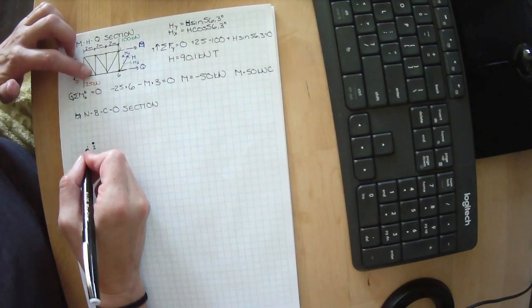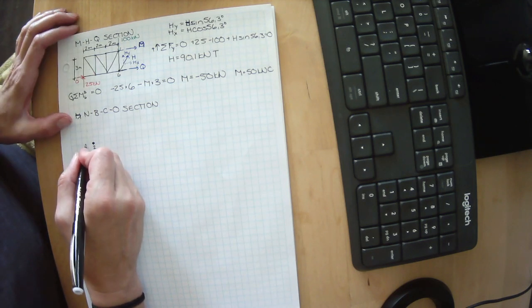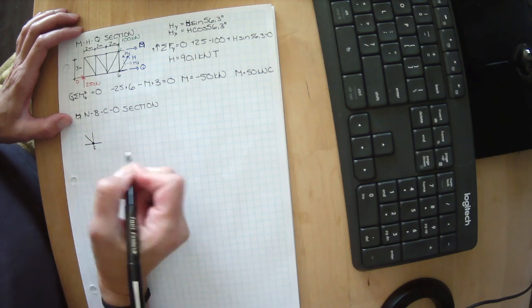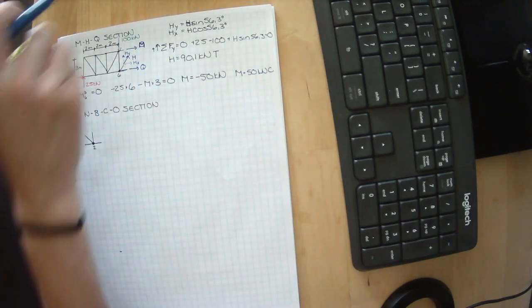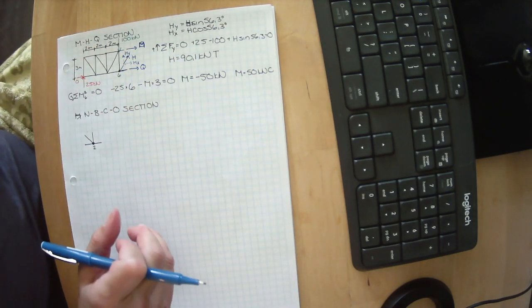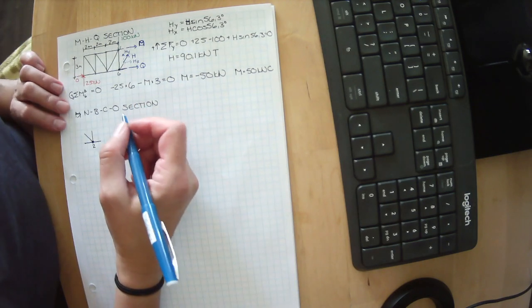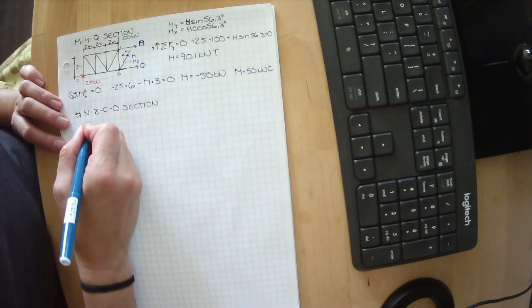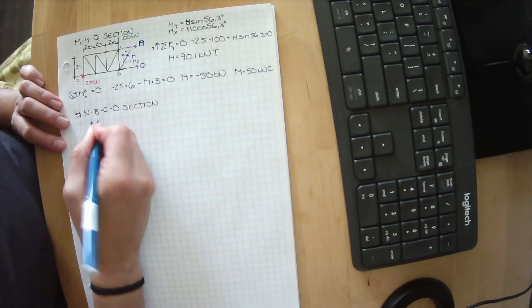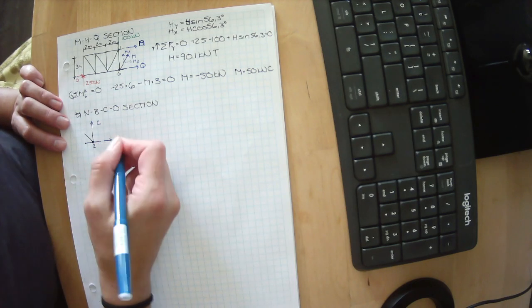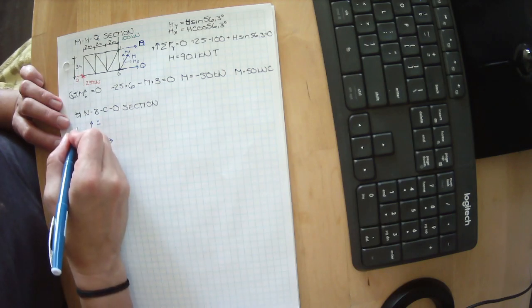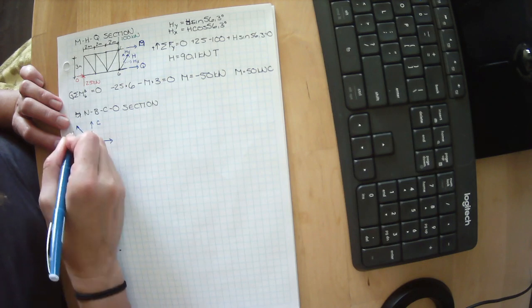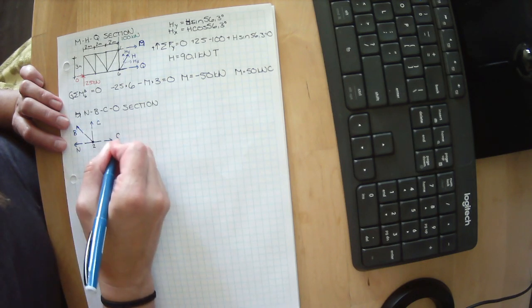So node 2 is right here. All right, acting on that node right there, we have C. Let's draw all our arrows in: N, B, C, and O.